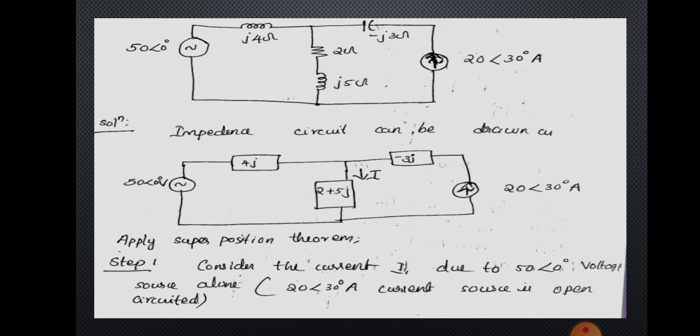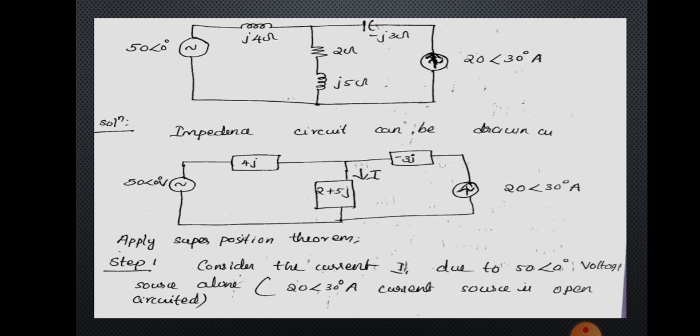See, this is the circuit diagram that is given in the question, and we can first draw the impedance circuit. For that we are using this representation, that is 50 angle 0, and the reactance of the inductance will be 4j, and similarly the resistor inductor combination will give the impedance of 2 plus 5j, and the capacitance will give a reactance of minus 3j, and there is a current source that is an AC current source.